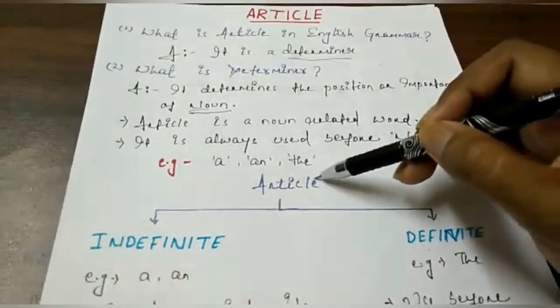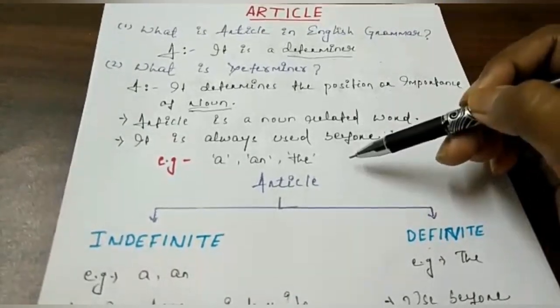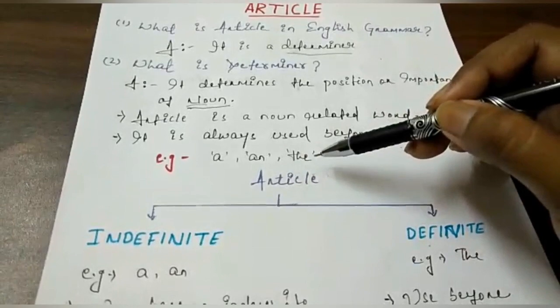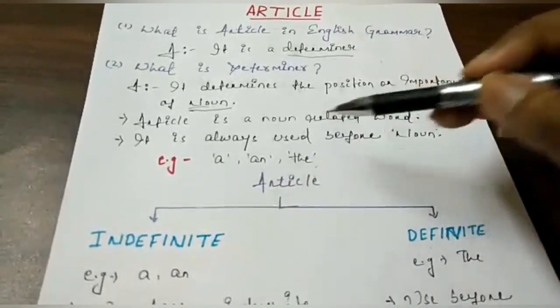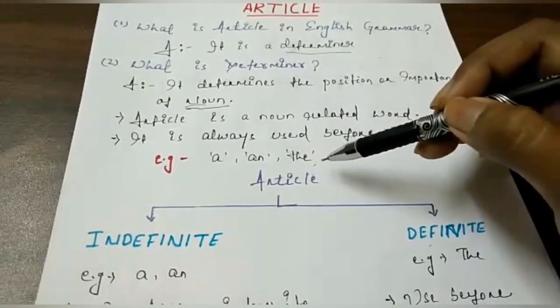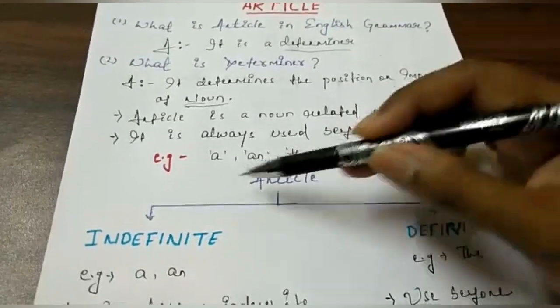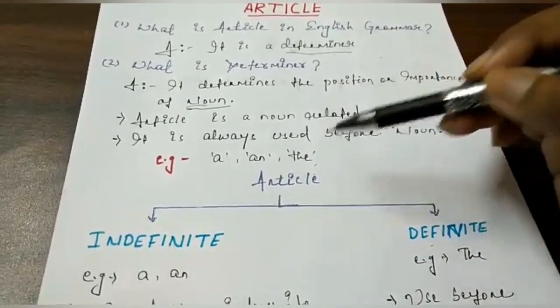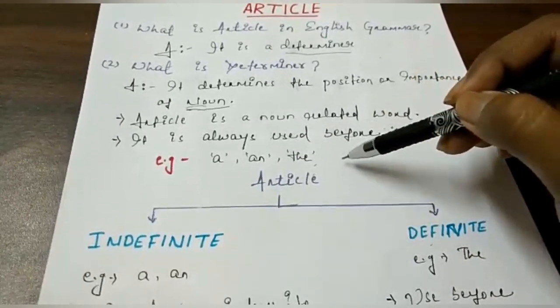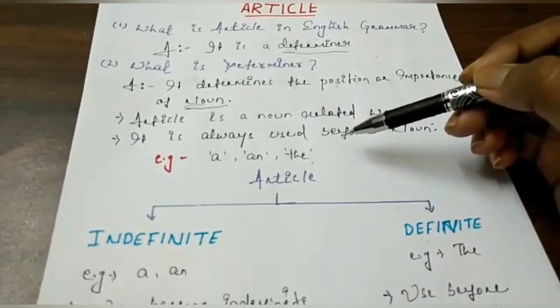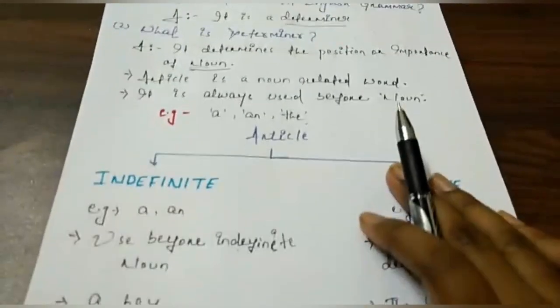So for example, we have only 3 articles, that is a, an, and the. We will learn about these 3 articles, where we will use them and how we will use them. Okay.